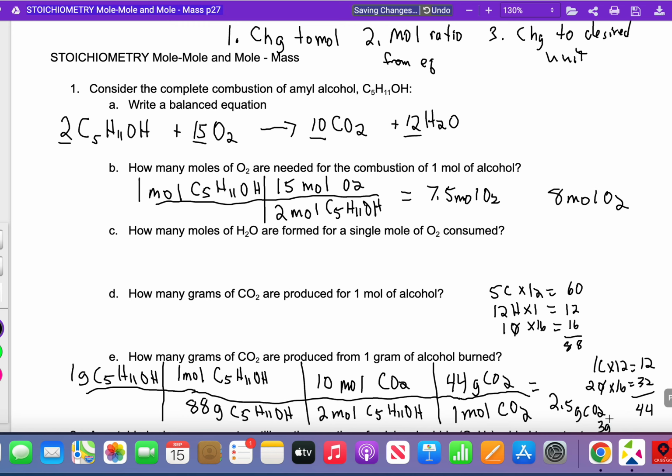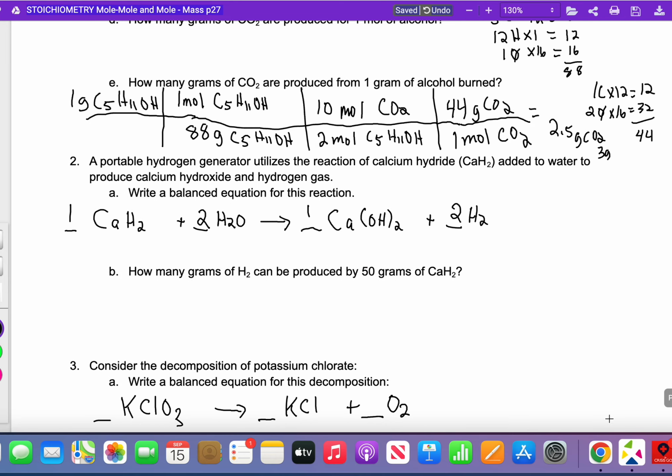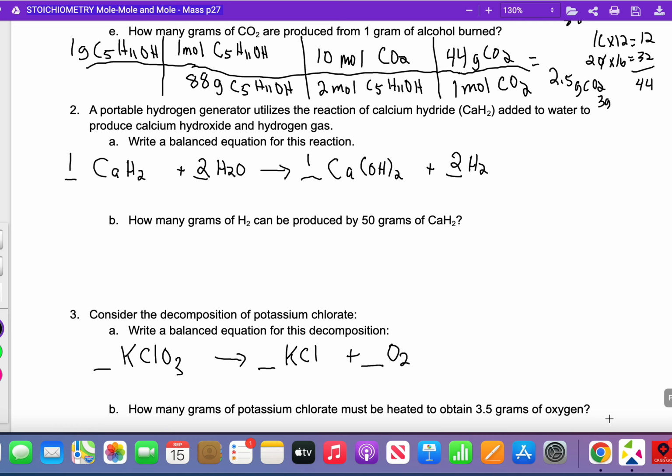All right. Okay, I'm going to do one more problem here. So let's go to 2A. How many grams of H2 can be produced by 50 grams of CaH2? So what I would do is I would write down 50 grams CaH2. All right. So we're going to follow the rules.